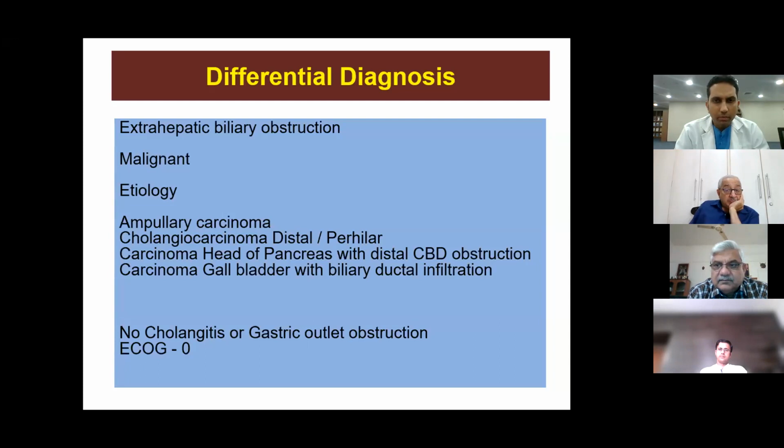GB mass might be the same, but the mobility of a normal gallbladder is from side to side, and it moves with respiration along with the liver. So a GB mass will be in the GB fossa, so the site will be different.